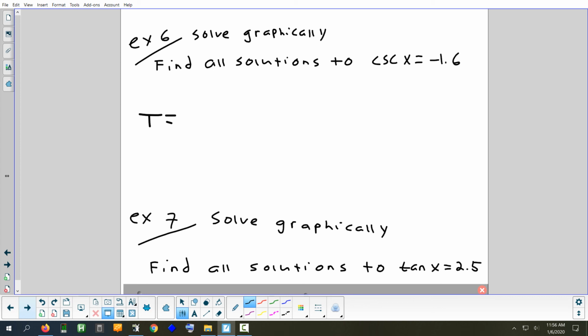Look at the cosecant. What number is in front of x? 1. So there's no change to the period here. Period is 2 pi. Now, that's not an answer to anything we need yet in the problem. It's going to be part of my final answer.